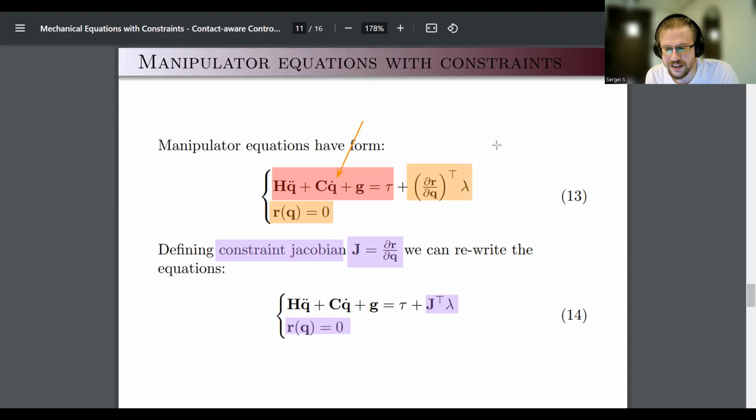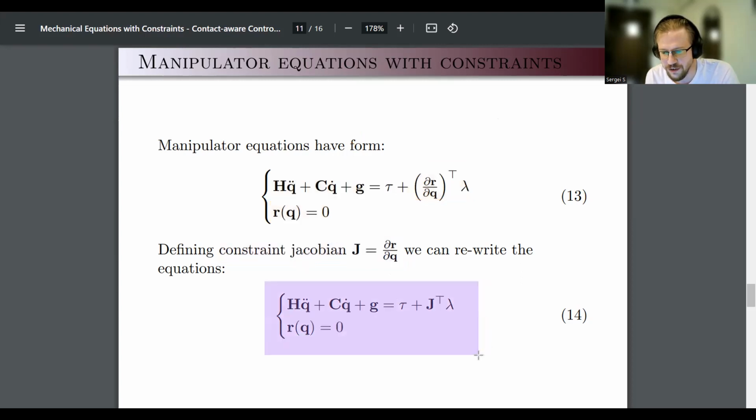This form already is like a canonical form, you could say. This is stuff that you are going to see in papers, textbooks, and so on. This is in a way the most general correct way to write Lagrange manipulator equations with constraints. The reason is that the constraint is added here explicitly.